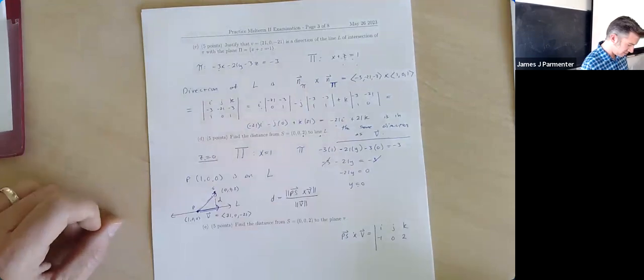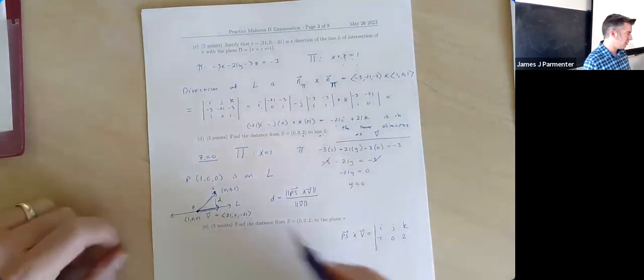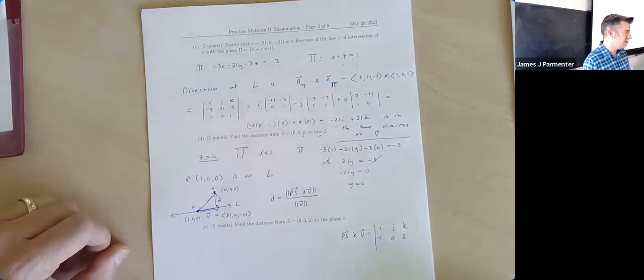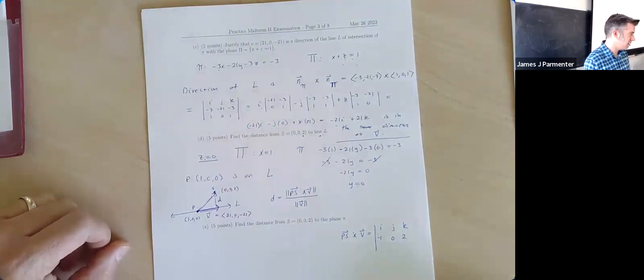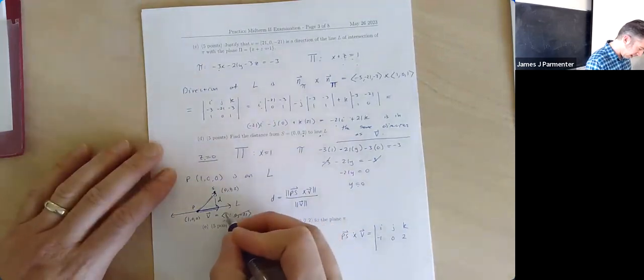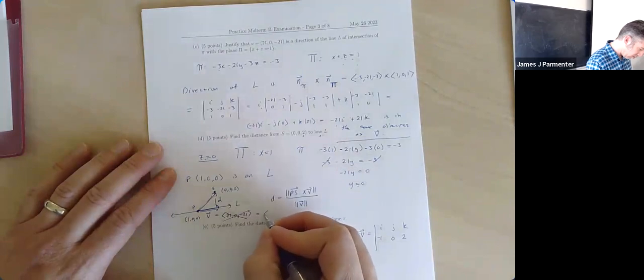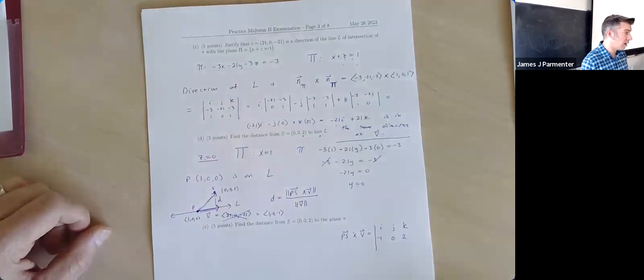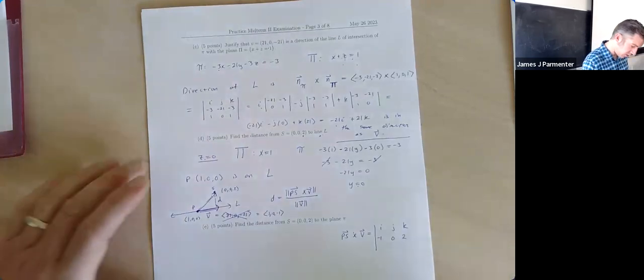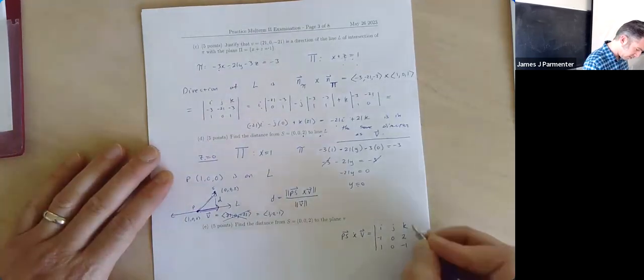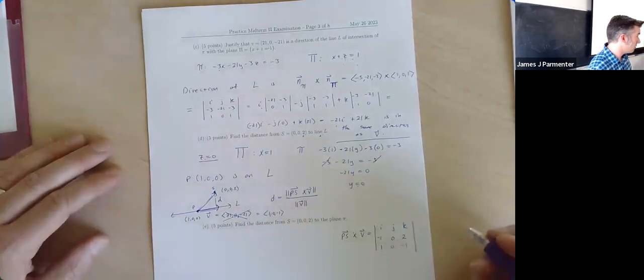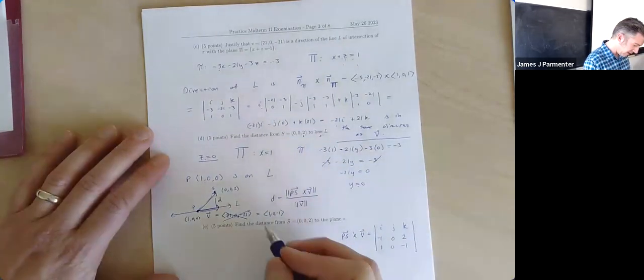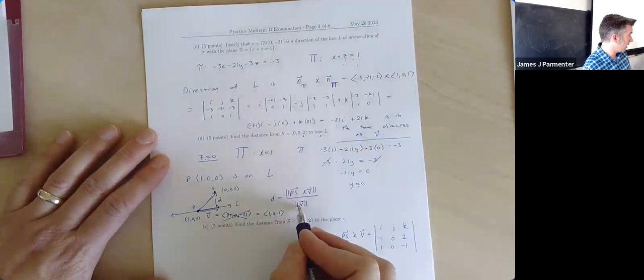Now here's the thing. Instead of using 21, 0, negative 21, we could use any multiple of that. So maybe I might use the vector 1, 0, negative 1. Those vectors still point in the same direction. It's a totally valid choice. We just have to remember that if that's the vector we're using, then that's the magnitude that we're going to end up dividing by over here.